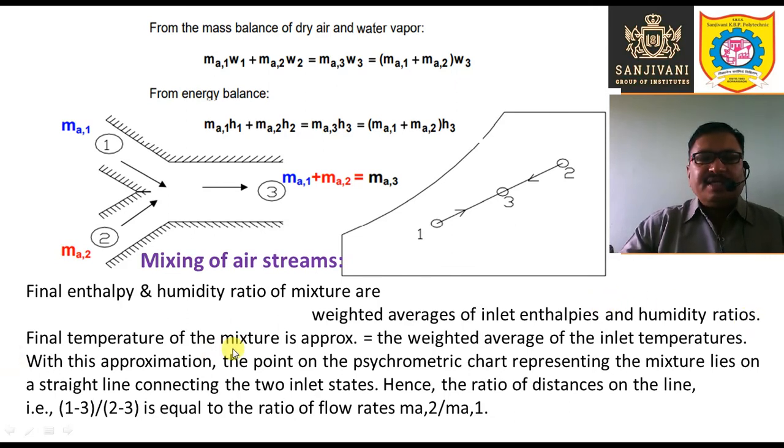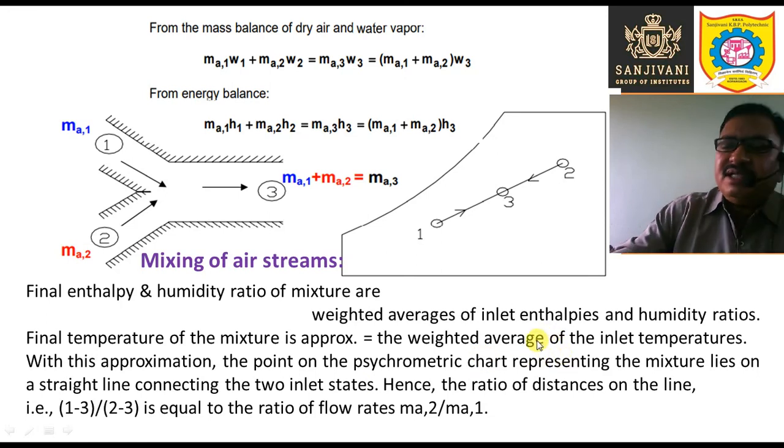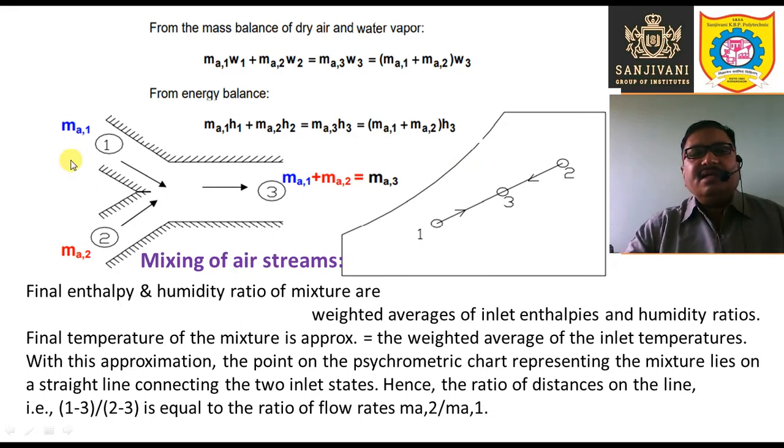Now the final temperature of the mixture is approximately equal to the weighted average of the inlet temperatures. So for finding the temperature, we also have the weighted average, not the ordinary average. We have to take the weighted average because it depends upon the masses of the air in stream 1 and stream 2, right? So with this approximation, the point on the psychrometric chart representing the mixture lies on a straight line connecting the two inlet states.